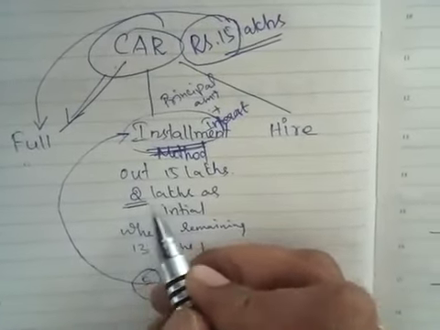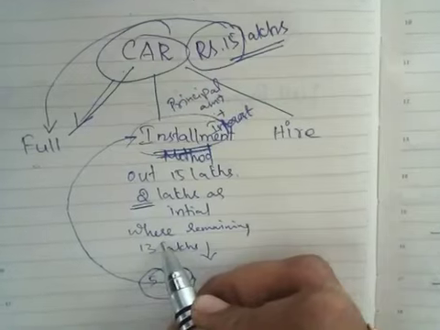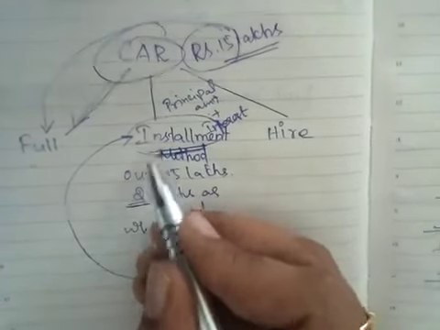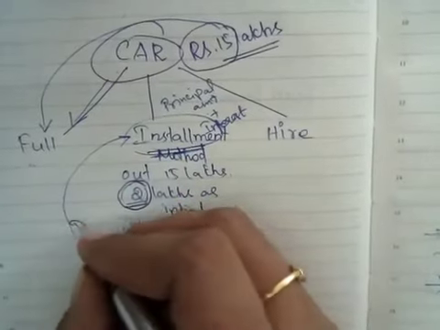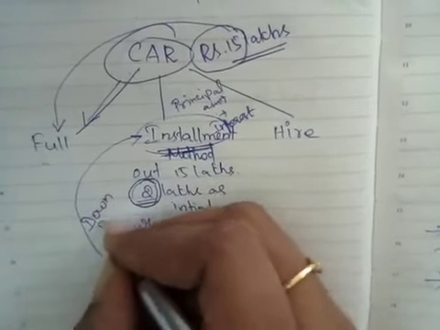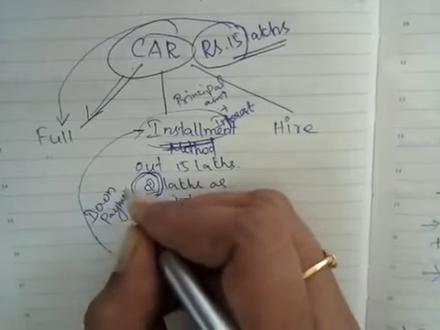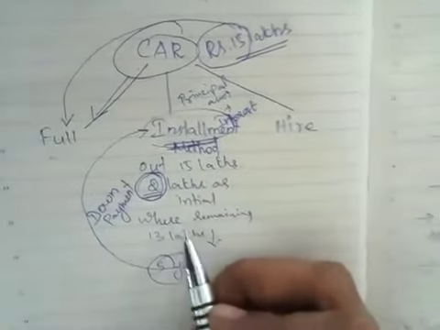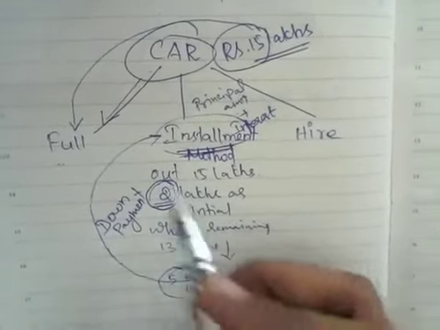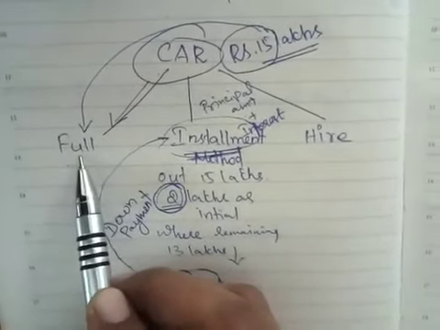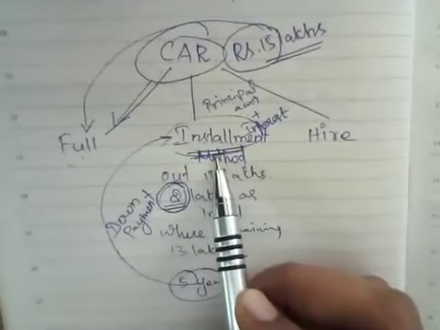In this case, the car has been given to me. I have paid an initial amount of rupees 2 lakhs, which is said to be the down payment. This is the second choice of buying a car. You were well aware of this full settlement amount and installment amount.